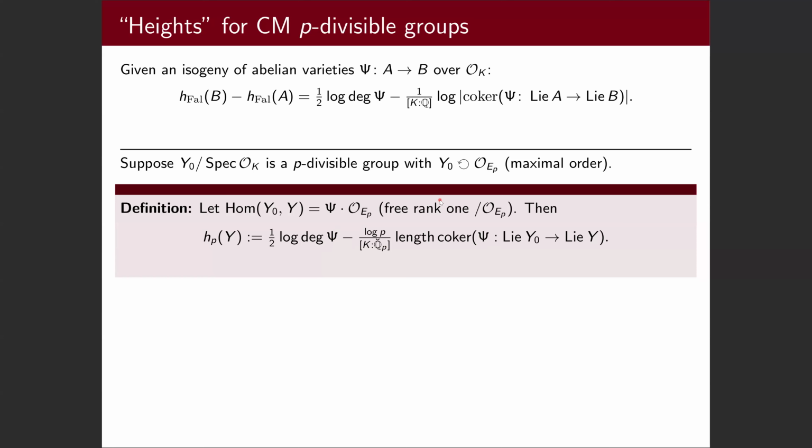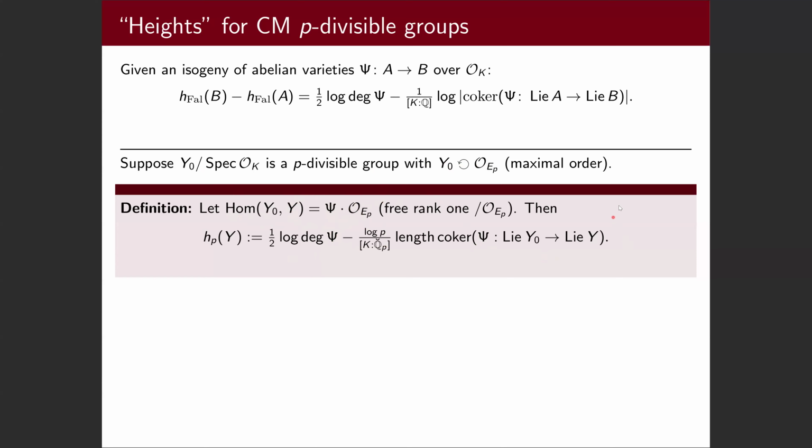And it seems the correct choice is to take psi to be a generator. It turns out that this Hom space from the CM p-divisible group with a maximal order to this other p-divisible group is always free of rank 1. So I pick a generator and make this definition. This seems to be the quantity that compares well with, say, orbital integrals.